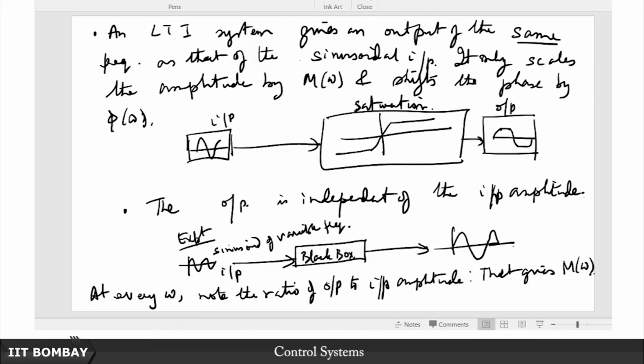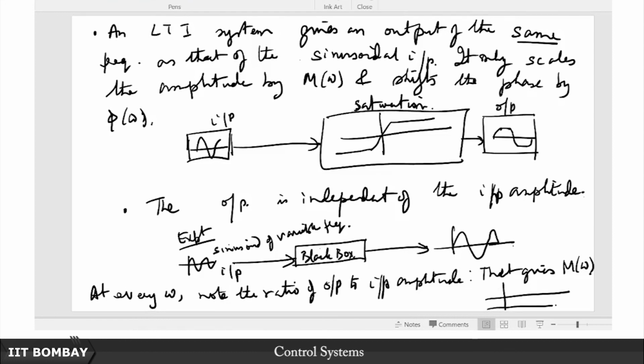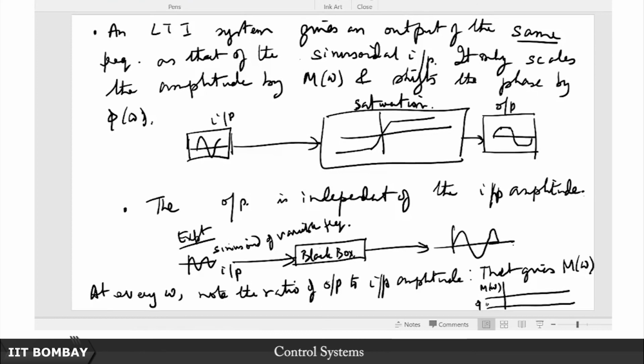So you carry out this experiment by applying sinusoids of different frequencies at the input terminal, look at the output and see the ratio of the output amplitude to the input amplitude, that will give you M of omega, and the phase shift, that will give you phi of omega, and then you just sketch that, okay. So on the same graph paper you have M of omega and then you have phi of omega, so you can sketch this function.